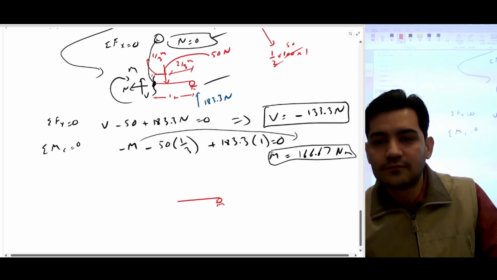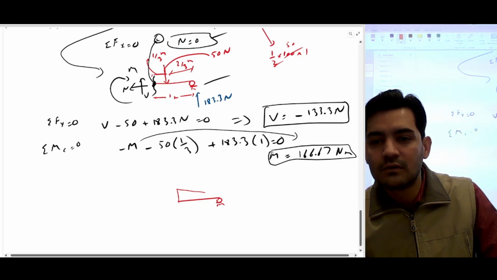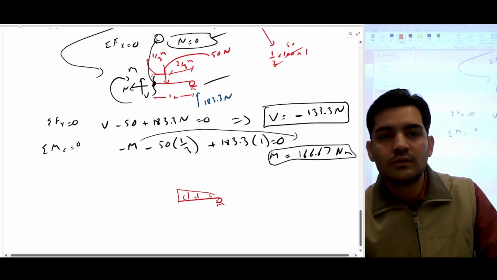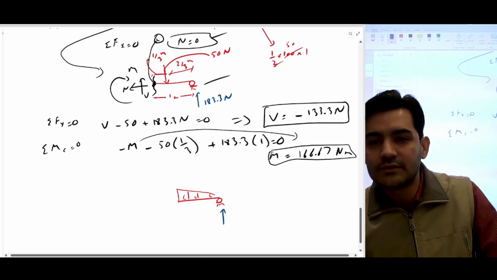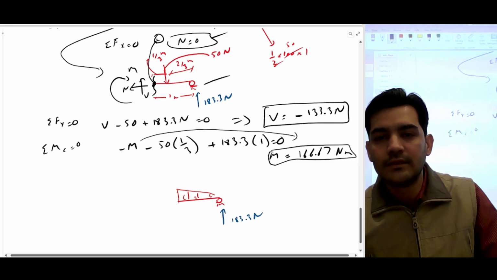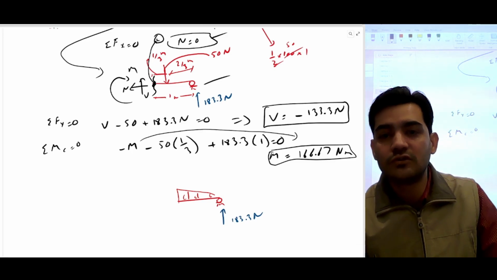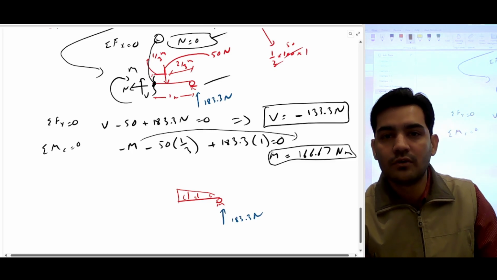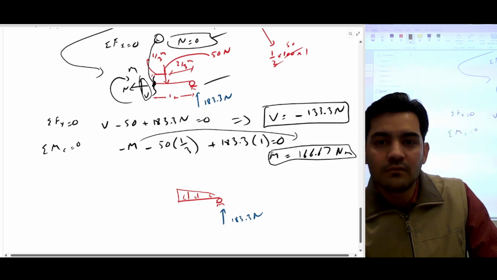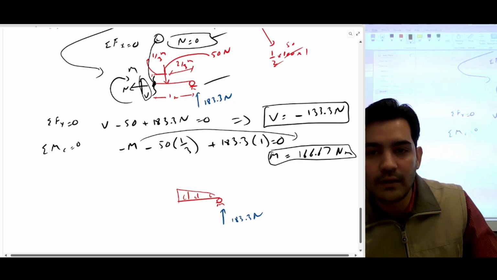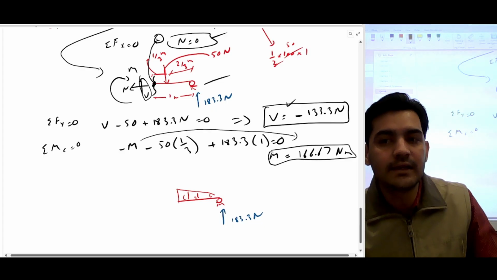So that's the force. This is the reaction, 183.3 Newton. And then the normal force was 0, and the shear force was negative. So we assumed the direction upwards, right? So the answer came out to be negative.